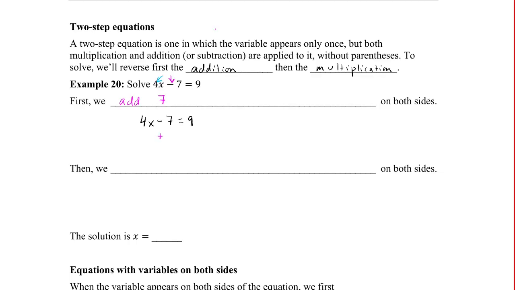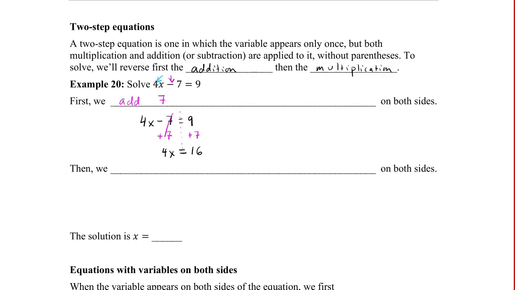We'll add 7 once on the left, add 7 once on the right. Subtracting 7 and then adding 7 cancels out, and we're left with 4x on the left. On the right, 9 plus 7 is 16.